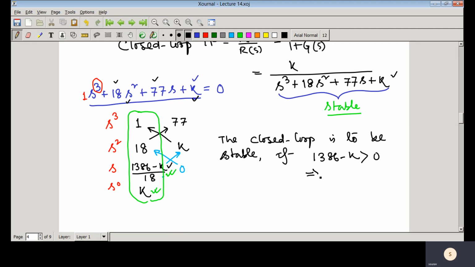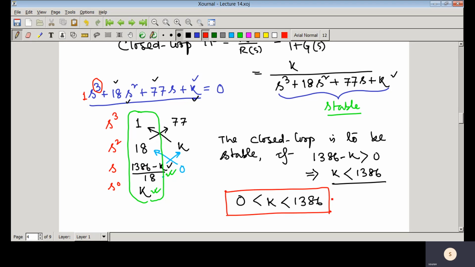So this implies that K should be less than 1386. So that means if K is less than 1386 and greater than 0, so if we allow this particular range for this K, this polynomial always would be a stable polynomial. That means all roots should be in the left half of that S plane.